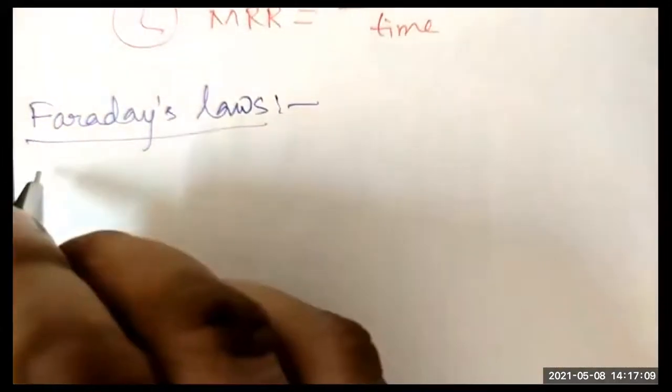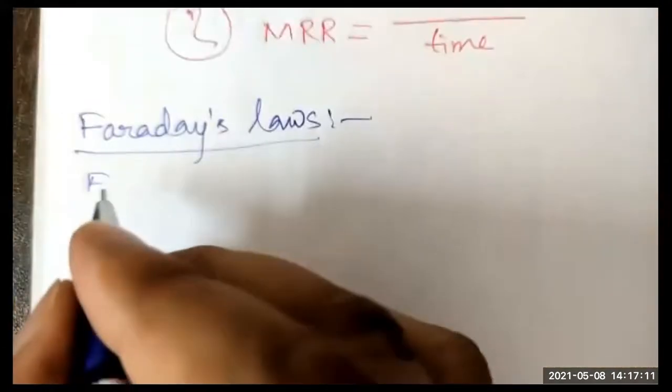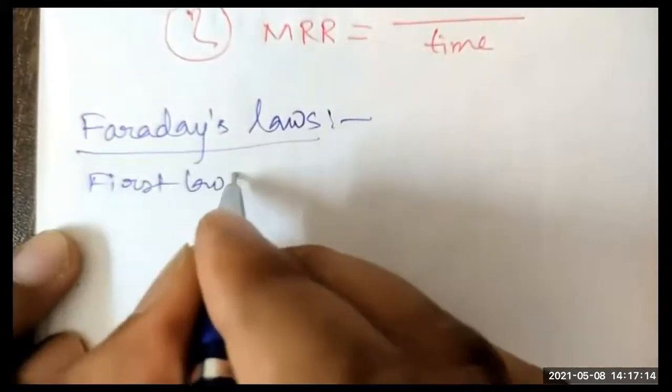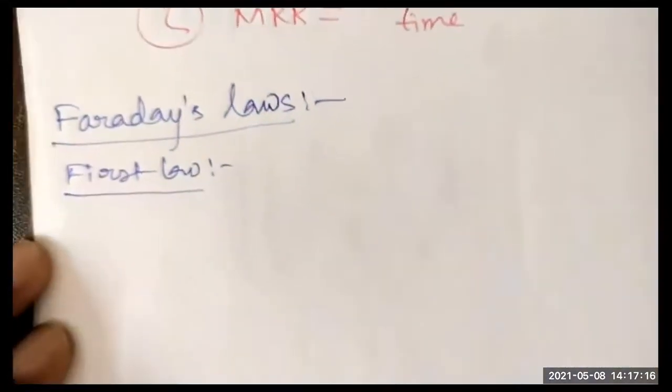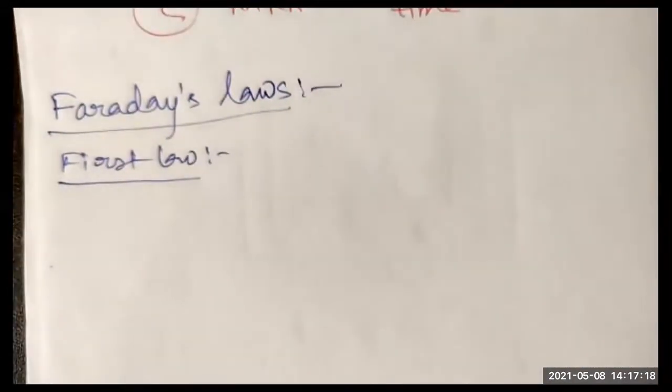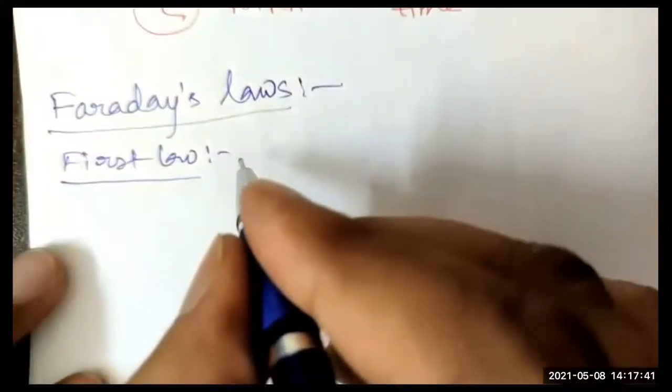So law number one, the first law. What the first law states is that the amount of electrochemical dissolution or deposition is directly proportional to the amount of charge passed through the electrochemical cell. So I'll just write it down, better you people also write. Okay.